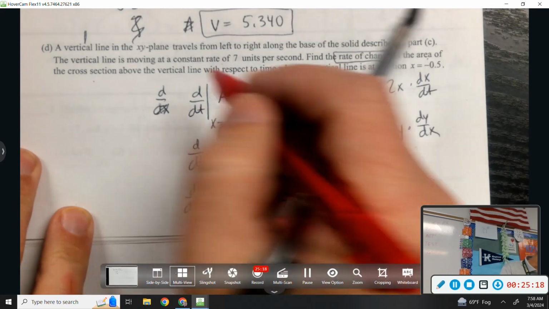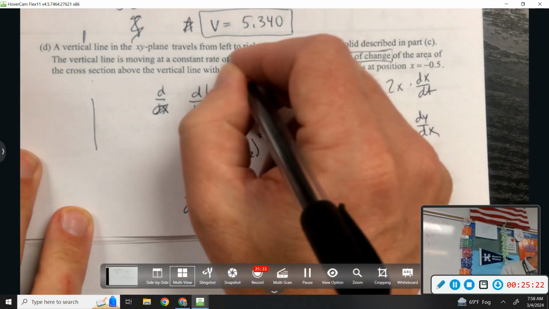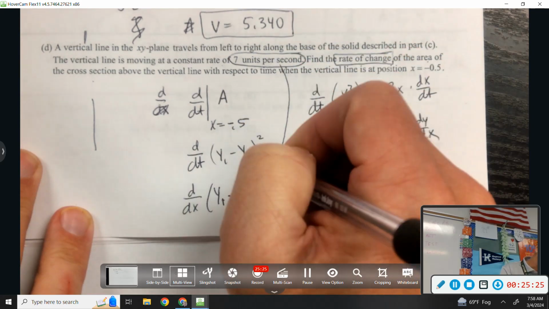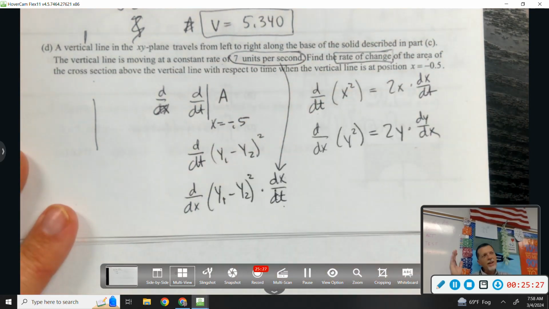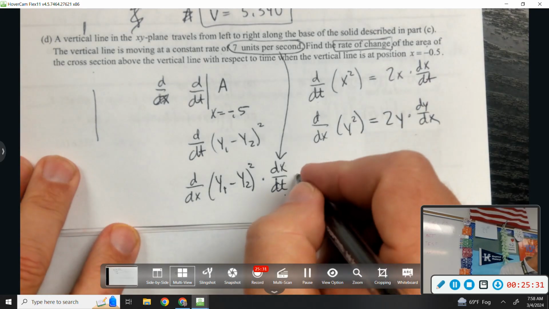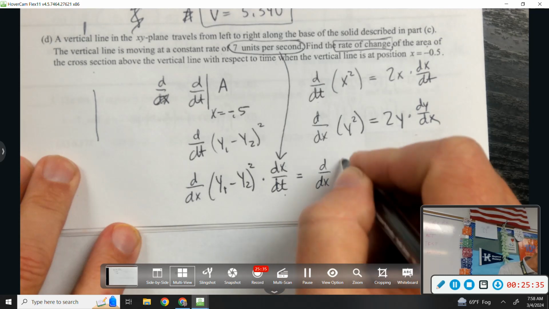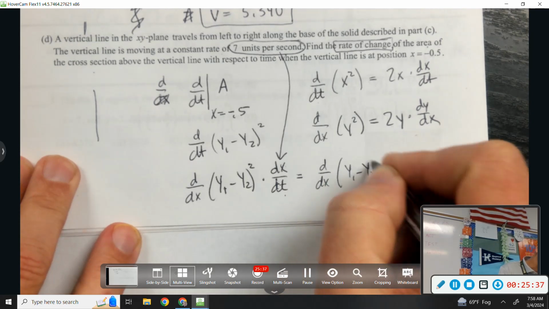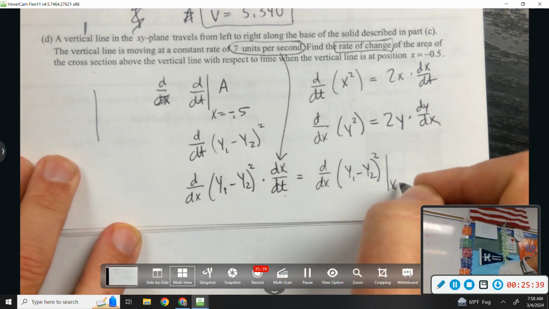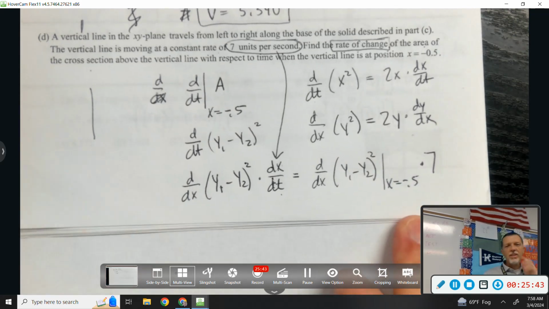Well, it tells me that this vertical line that's moving left to right moves at 7 units per second. So that's my dx/dt. So the derivative of y1 minus y2 squared at negative 0.5 times 7.